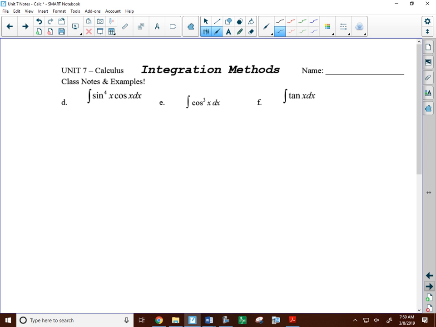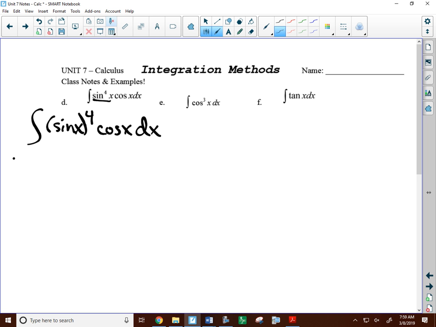Is the sine 4x? Because really, let me write out what it really means. This really means sine of x to the fourth power. So even though they write it like that for convenience, it really means sine of x to the fourth power, times cosine x dx. And that's where you're exactly right, that's where the composition is.